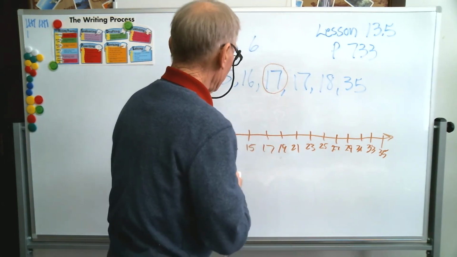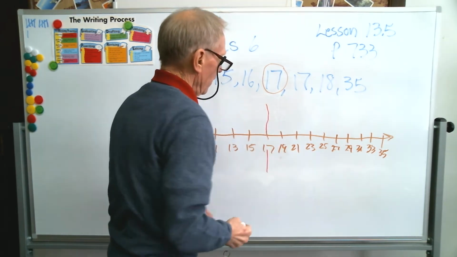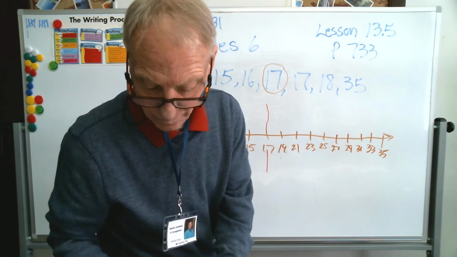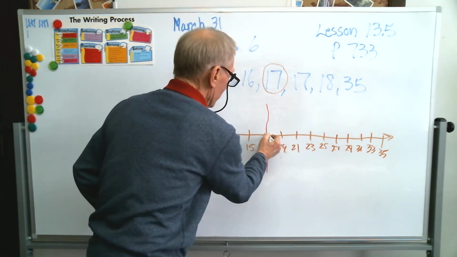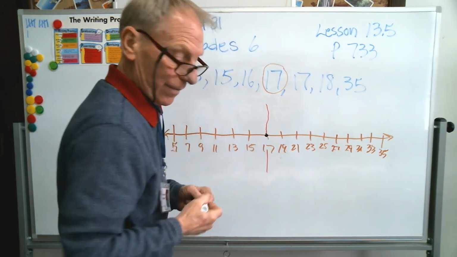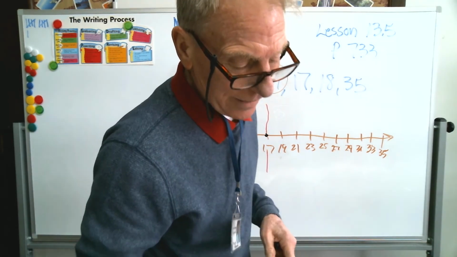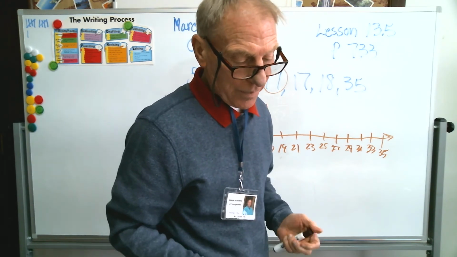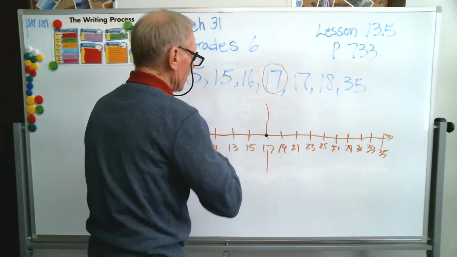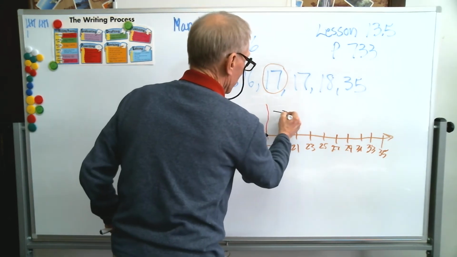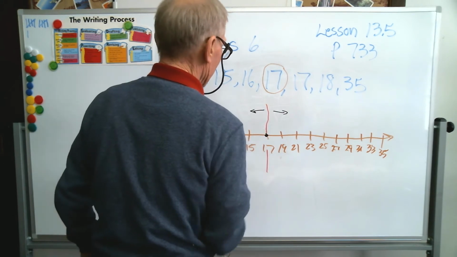So we know that's the point right here. Now, the next step is to find the lower quartile and the upper quartile. And in order to find that, remember again, we're going left and right of the median.